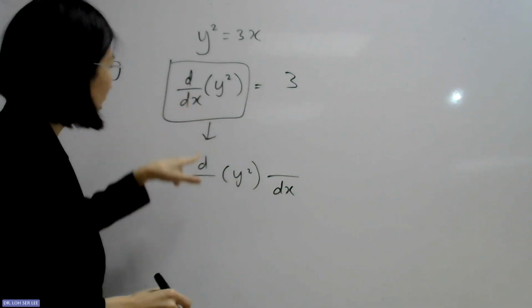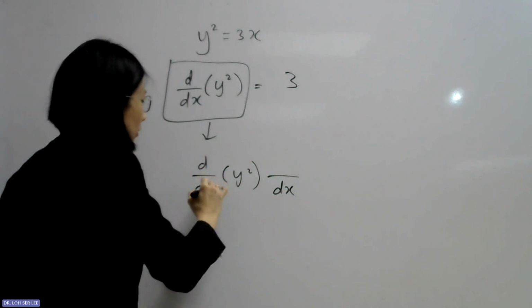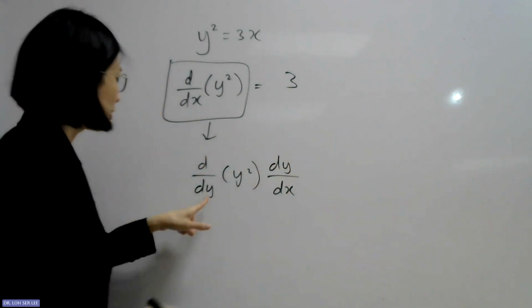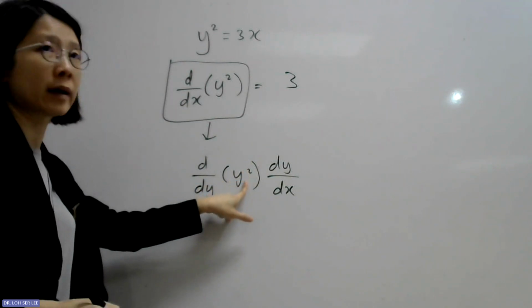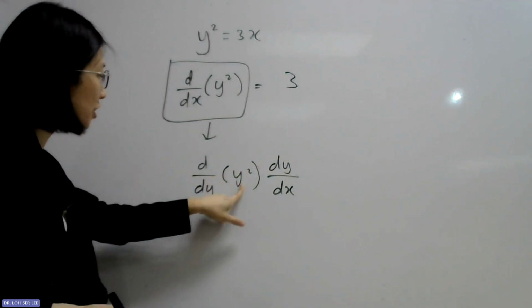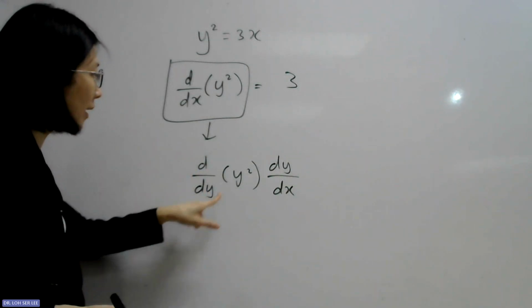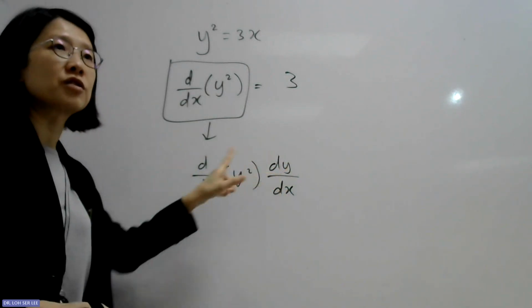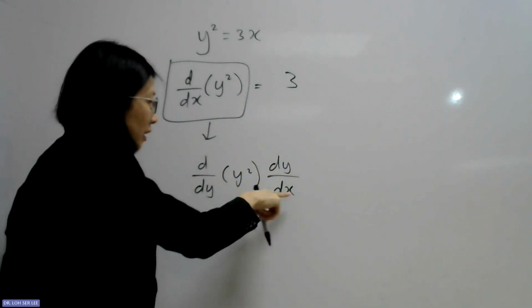We insert a new term, which is dy dx, because we want to differentiate this in terms of y. When you insert this dy, that's when you have a dy here. This is the chain rule where we can cancel out this one. When you cancel out, you still have d over dx of y squared.